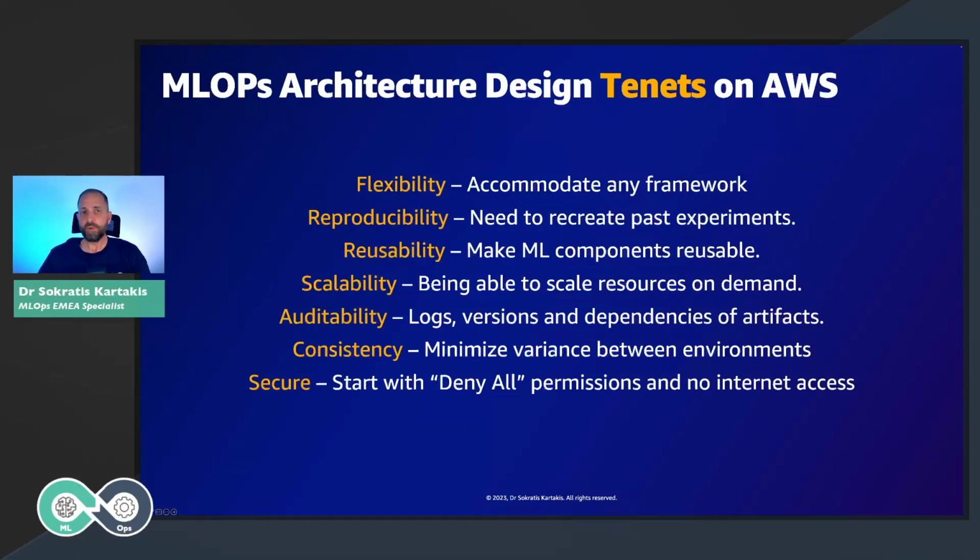That means that we start with deny all permissions, meaning nobody has access to anything. And we start building step by step all the different policies and permissions for all the different infrastructure code that we will see. And of course, we don't need to have internet, to make sure that the data stays in our own private cloud. But let's check, based on the maturity model, the different steps.